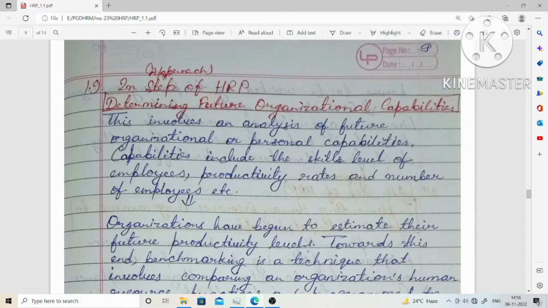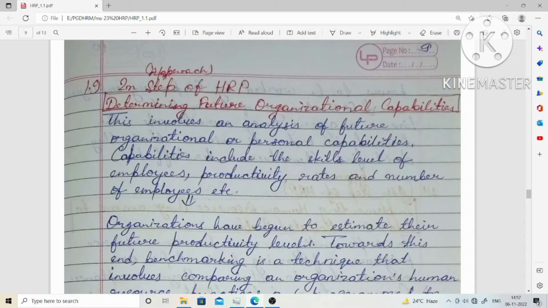As you can see on your screen, it is given: determining future organizational capabilities. So how can HR managers determine the future organizational capabilities? This involves an analysis of future organizational or personal capabilities.